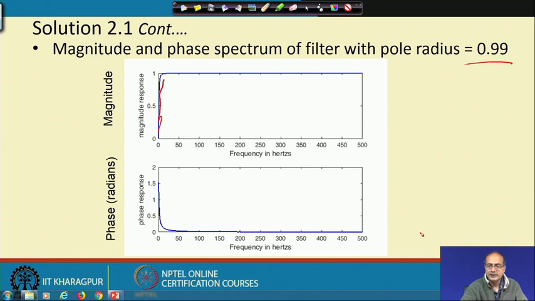So, the best filter among them for removal of this low frequency artifact seems to be the last one, where the zero location is at radius 1 and the pole location along with it is at radius 0.99. Now, we should look at how the signals look in this case.